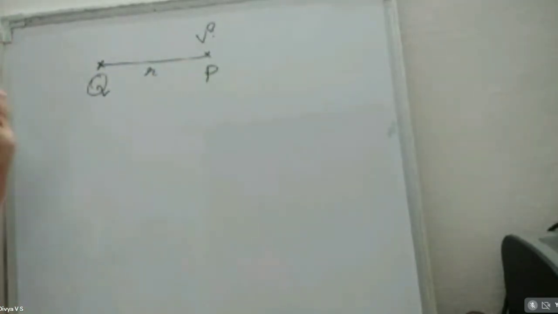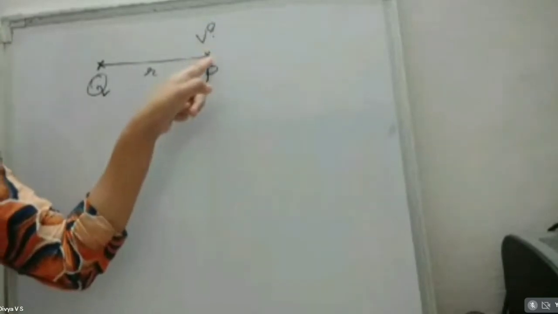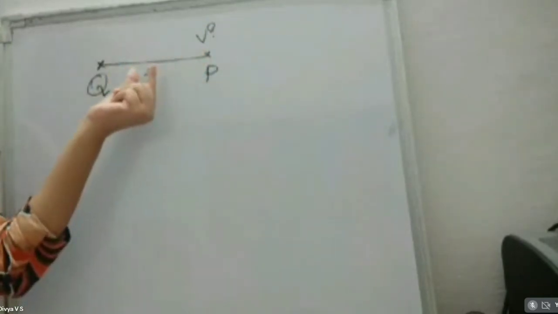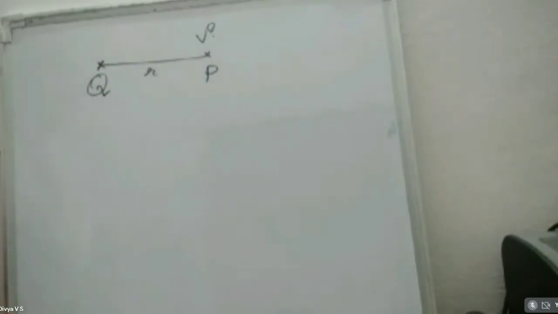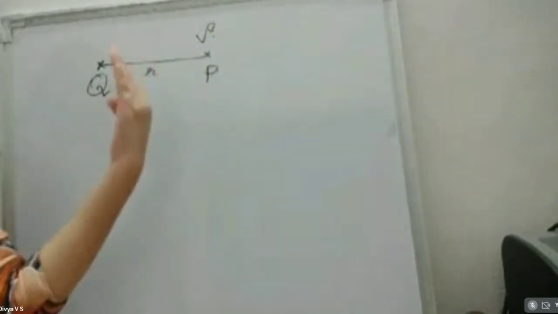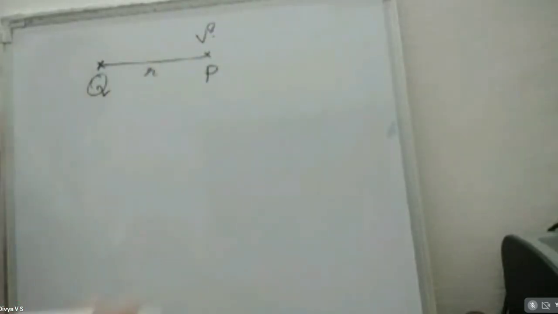And from the definition, we know that potential at a particular point is the work done to bring a unit positive charge from infinity to that particular point, isn't it?